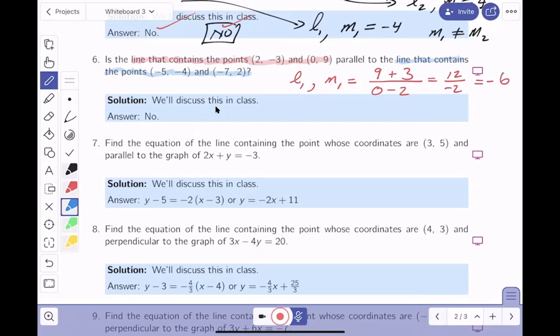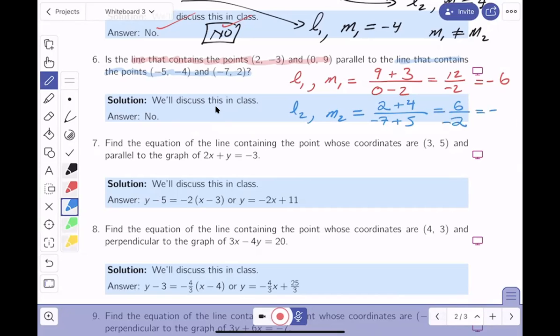I'm going to put down line number 2 now. This is M2. What's the slope of M2? Well, I'm looking at the points, and this is the change in y's: 2 minus a minus 4, that's plus 4, over minus 7 minus a minus 5, that's plus 5. 2 plus 4 is 6, minus 7 plus 5 is minus 2.